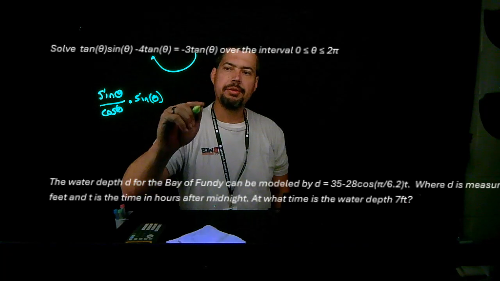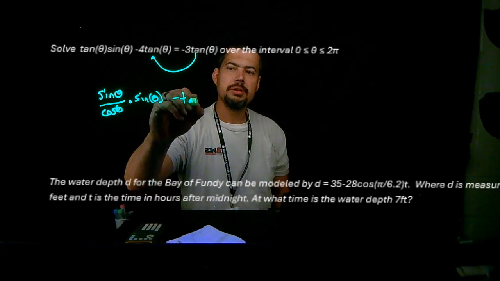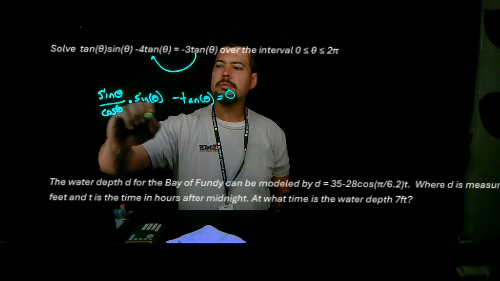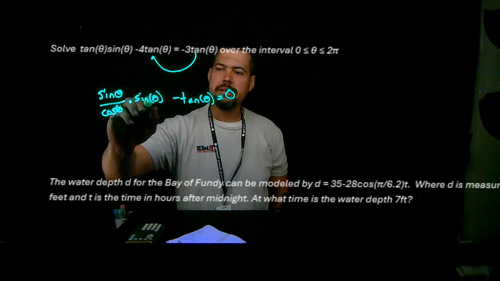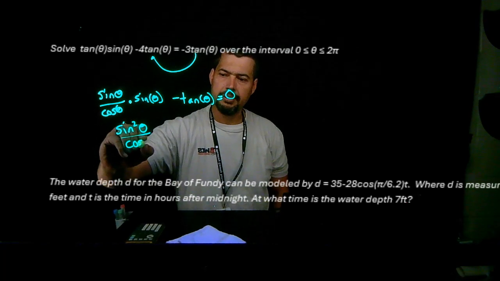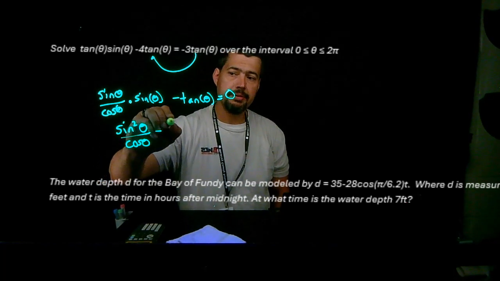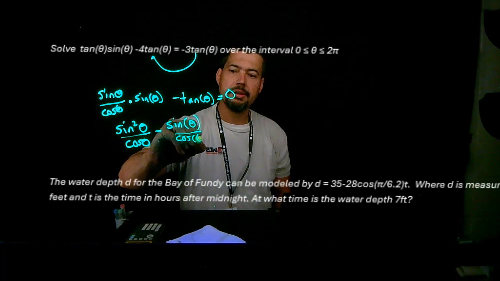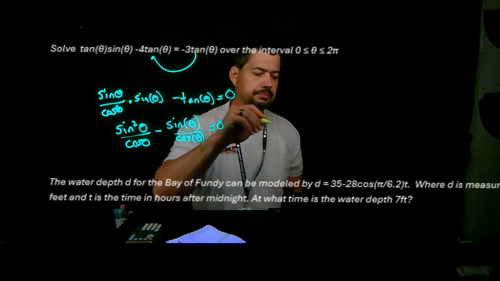And if I add 3 to that, one minus the tangent of theta is 0. Now, sine times sine is sine squared. So sine squared of theta over cosine of theta minus tangent of theta, which is also sine of theta, also sitting over cosine of theta, is 0.